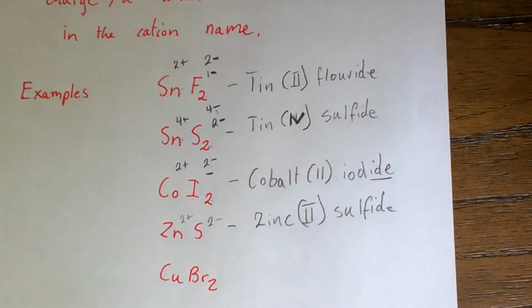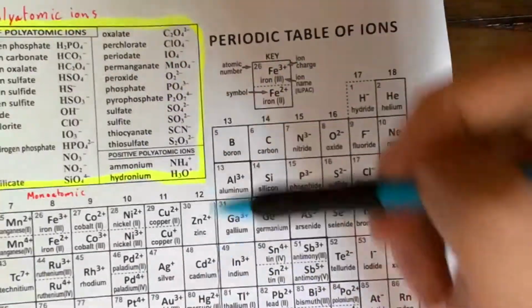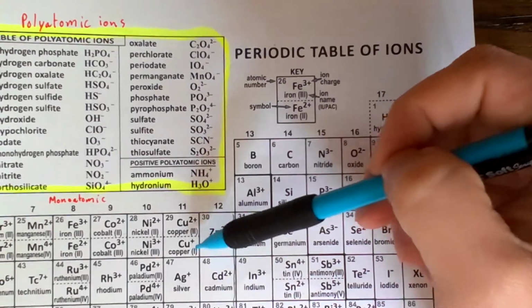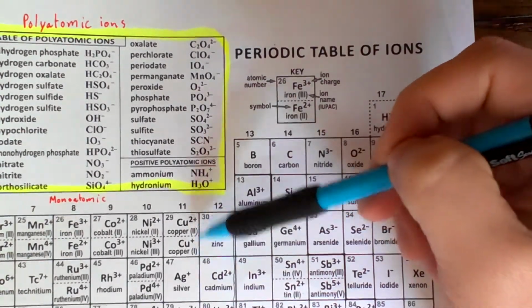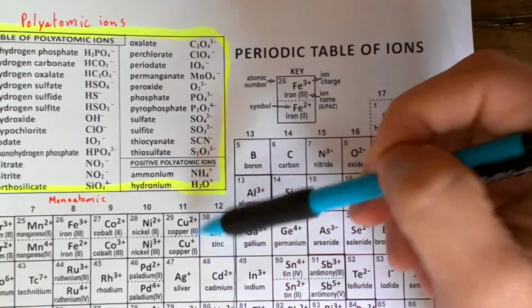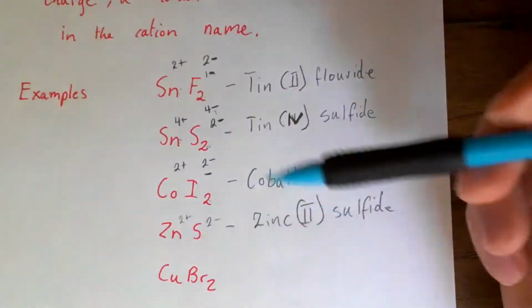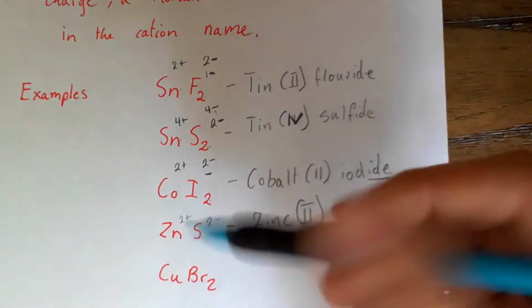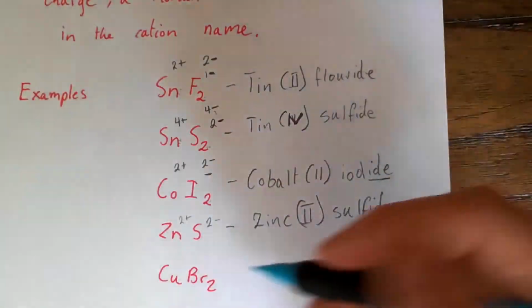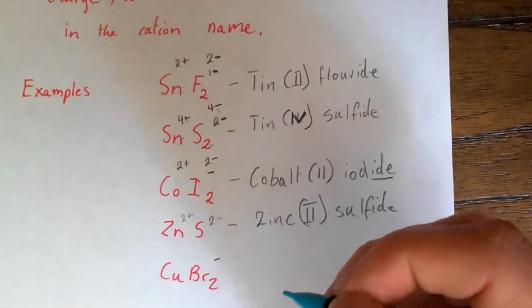Okay, copper. There are 2 types of copper. There's cuprous and cupric. I'm going to stick with the Roman numeral names because they're easier. So there's copper 1 and there's copper 2. Which one is it? We have to decide based on the charge of bromide. Bromide is in group 17, so it's a 1 minus charge.